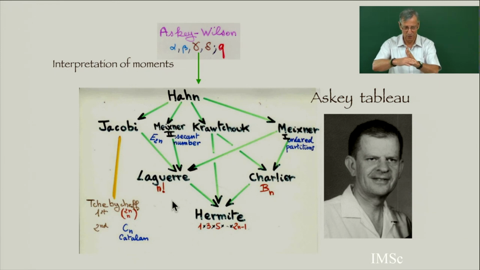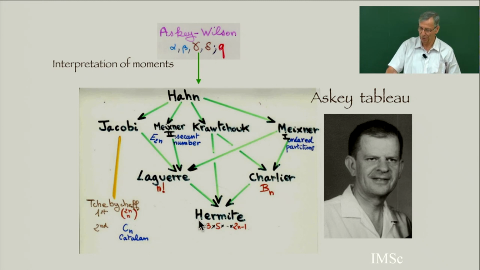So you see this duality between coefficients and orthogonality is translated into a duality between two different configurations of paths.